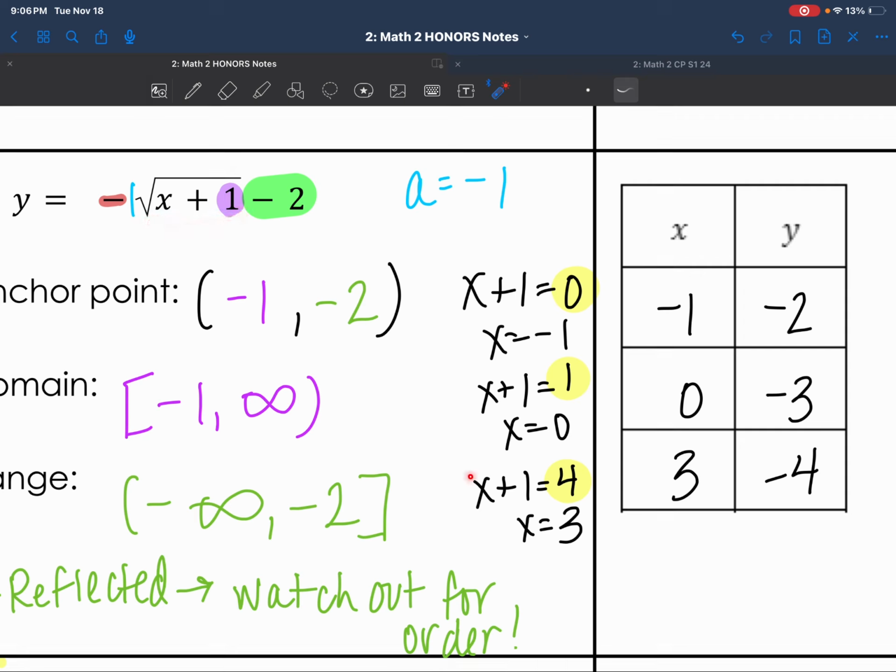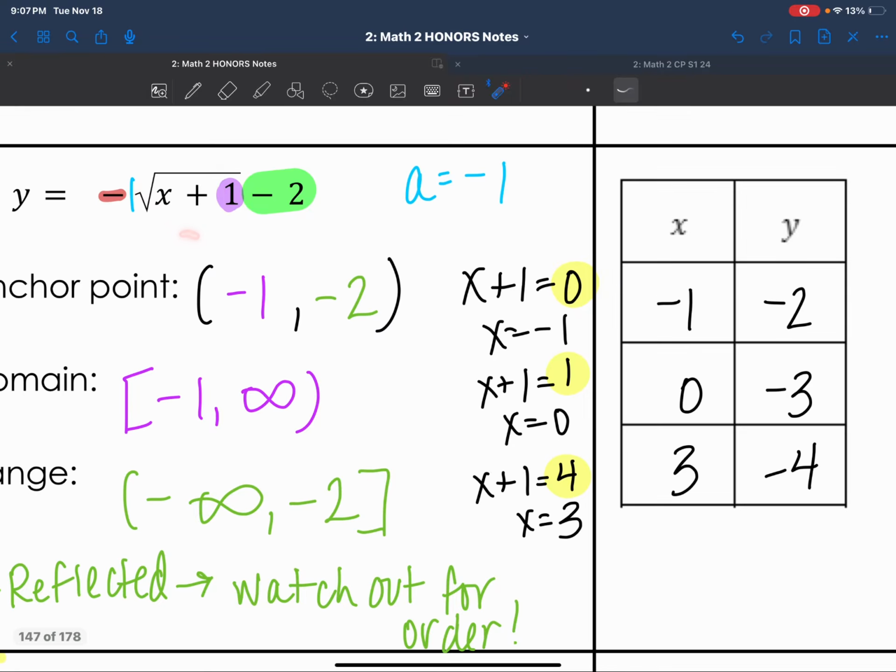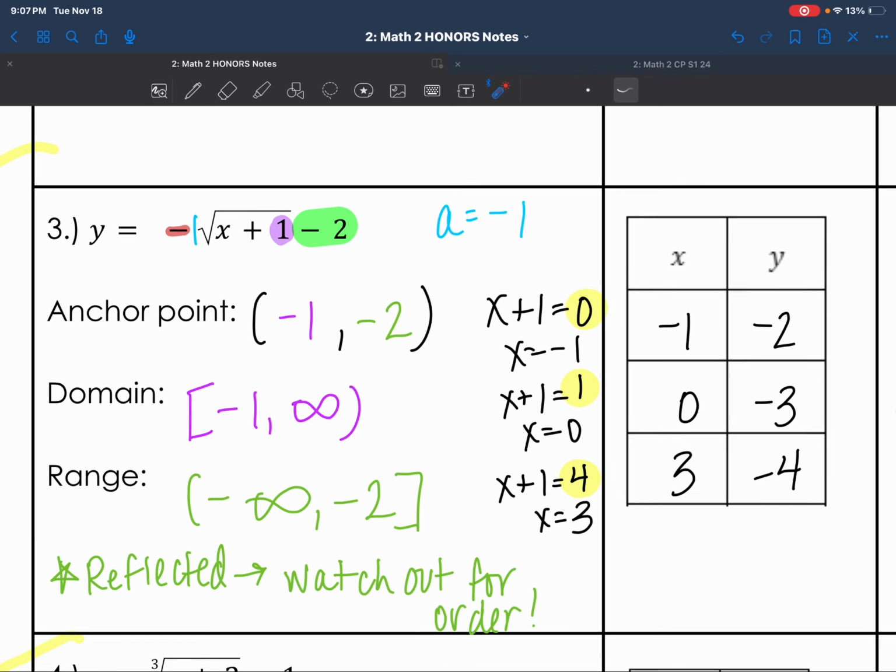So if we were to put 3 here, 3 plus 1 is 4. And then once you put 3 in here, you're going to get square root of 4 times -1 minus 2. So that's going to be -1 times 2 minus 2. And then you'll get -2, minus 2, which gives you -4. So just be careful for that.